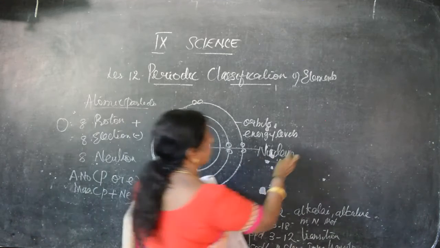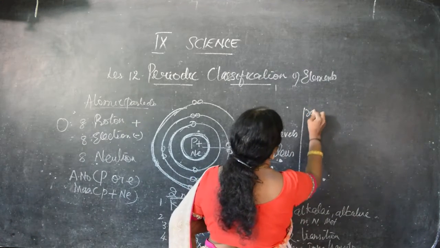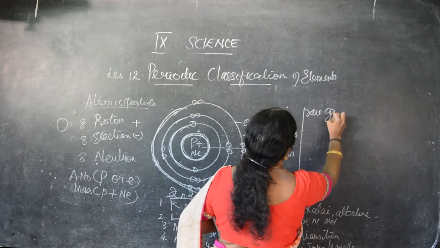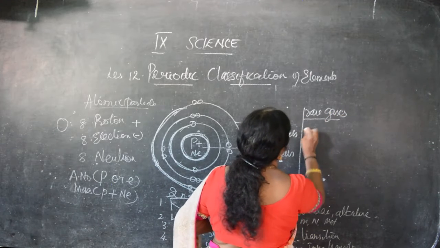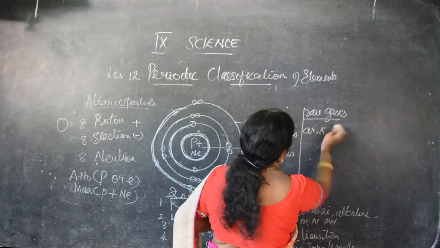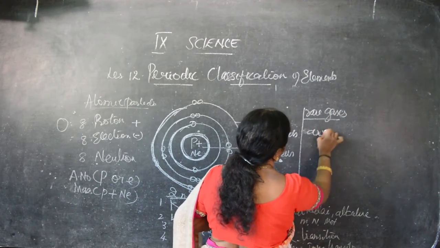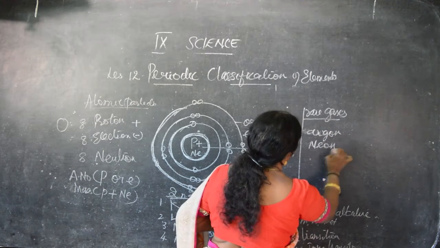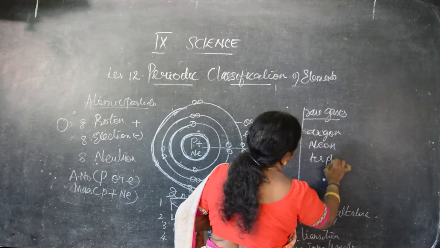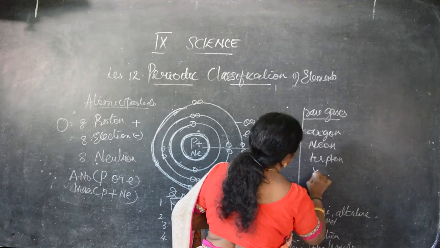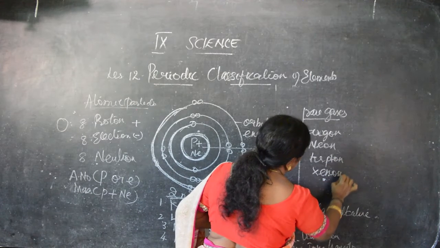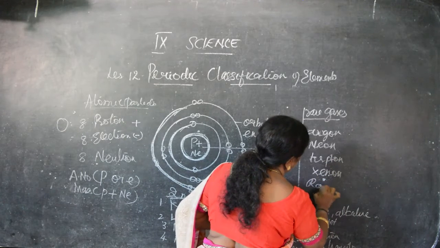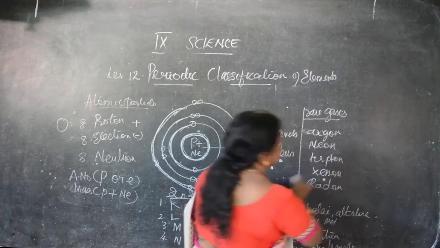For example, what are the rare gases? Argon, neon, krypton, xenon, radon. These are the rare gases.